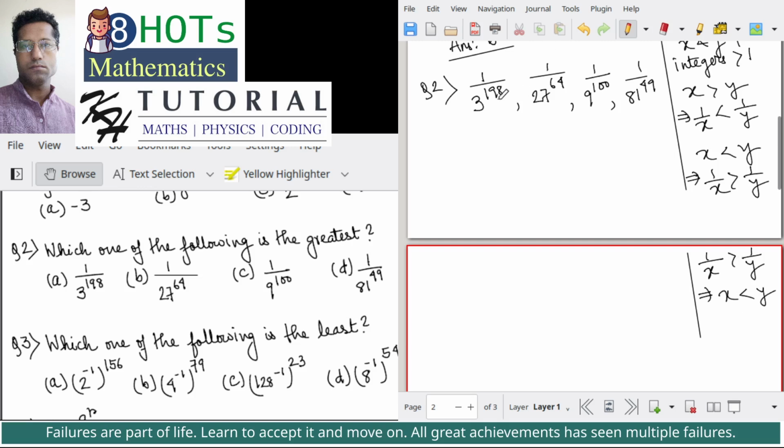So the greatest of all these numbers which are in the form 1 by some positive number greater than 1 will be the one whose denominator is the smallest.